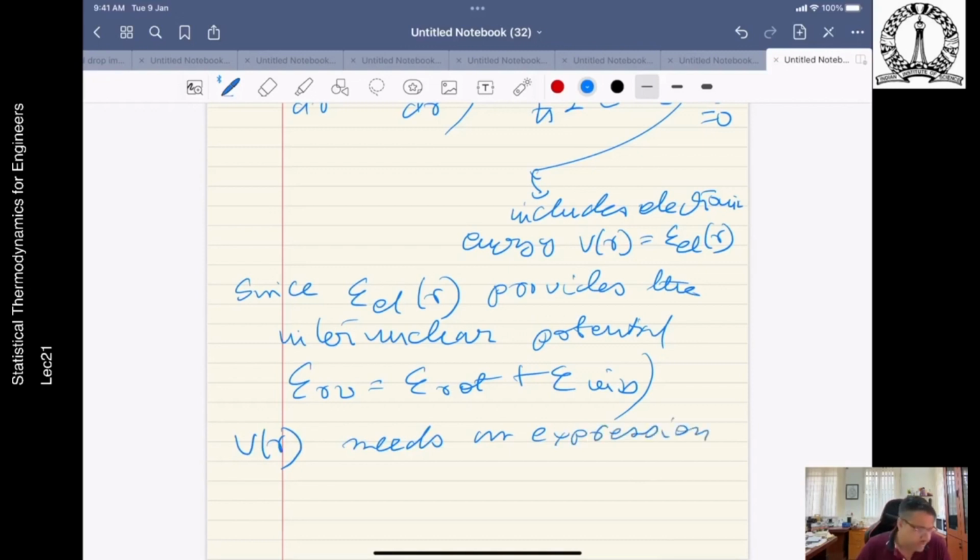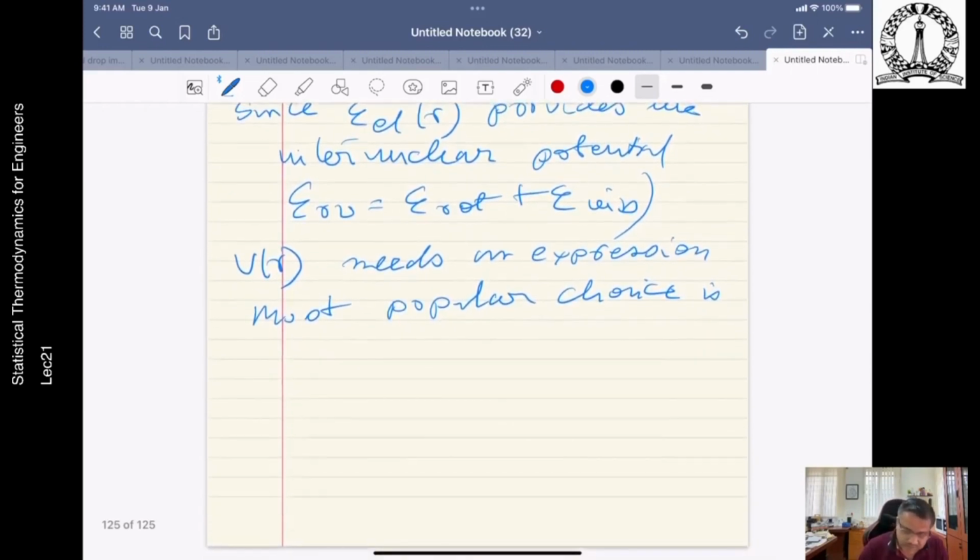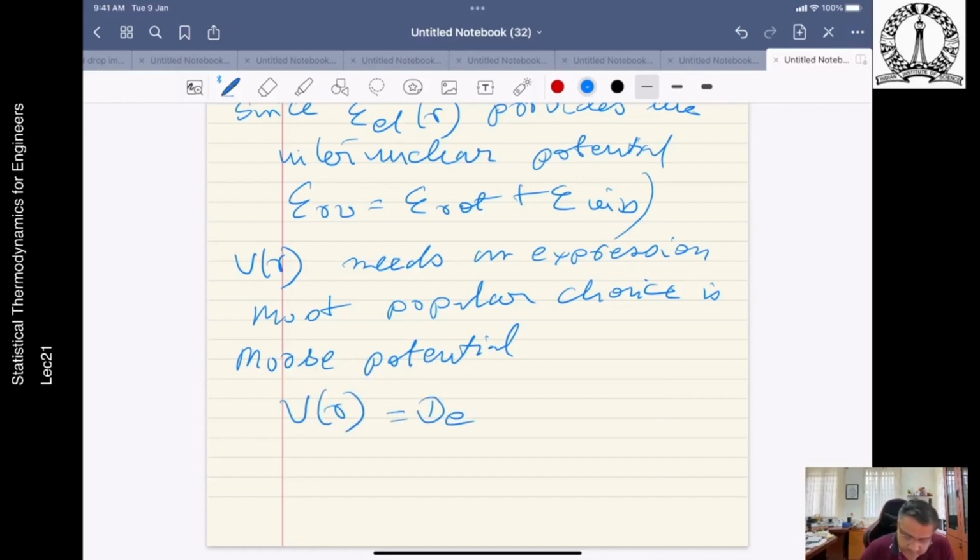Before we move any further, the most popular choice is called the Morse potential. Okay, so Morse potential is something like this. It is written as VR is equal to dE times 1 minus e to the minus beta (R minus RE), all squared.